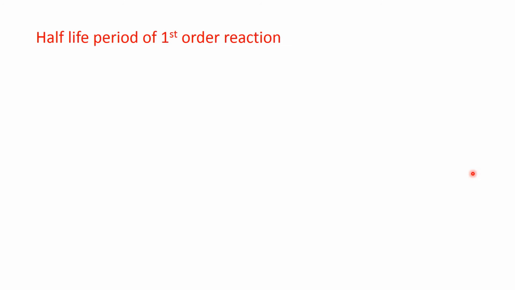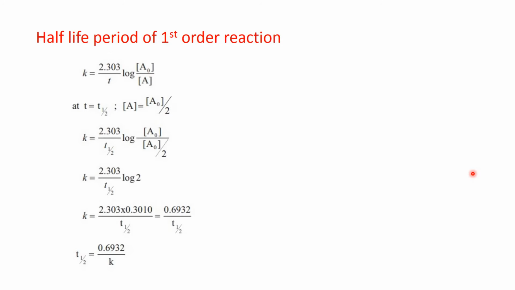Now coming to the half-life period of a first order reaction. This is k, the rate constant from the integrated rate equation of a first order reaction. Half-life period means the time required for half of the reaction to get over, or half of the reactant to be converted to product.